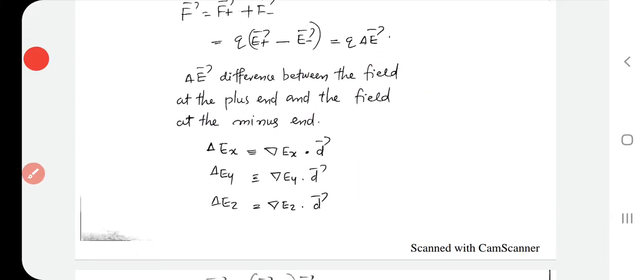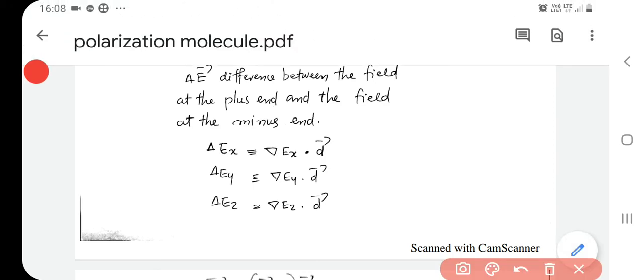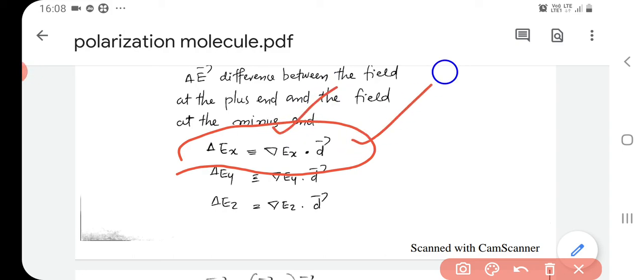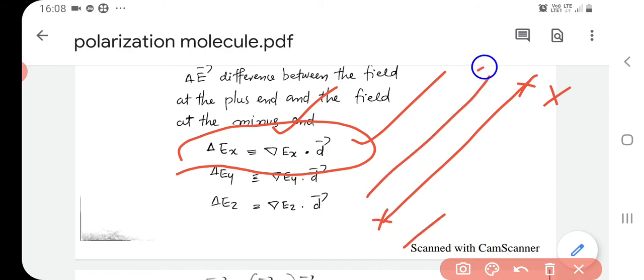And we can write delta E by using calculus. That can be written as the gradient of Ex dot D. Okay, because this is the positive end and this is the negative end, and here the field is changing.